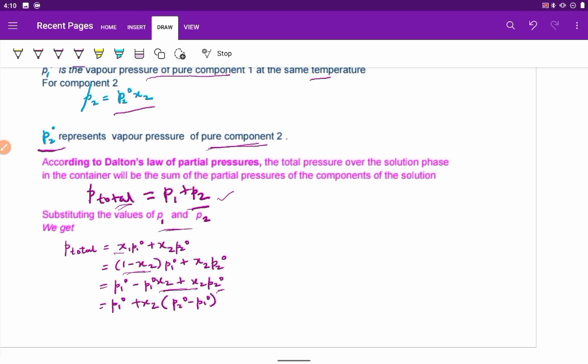But x1 is equal to 1 minus x2. By substituting this, we get 1 minus x2 into P1 naught plus x2 into P2 naught. On opening this bracket, P1 naught minus P1 naught x2 plus x2 P2 naught. So here it will become, in the next step, P1 naught plus x2, we can take common, so we get x2 into P2 naught minus P1 naught.